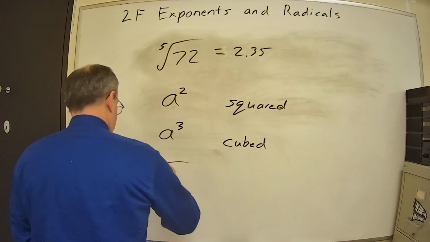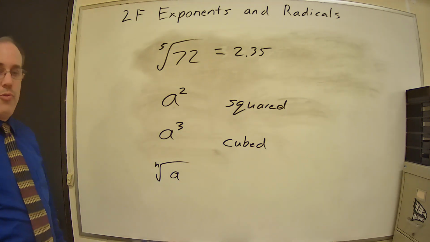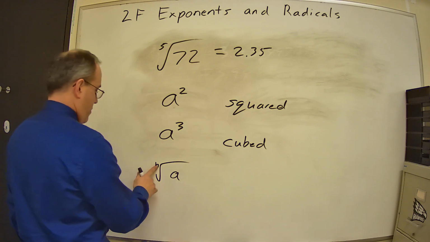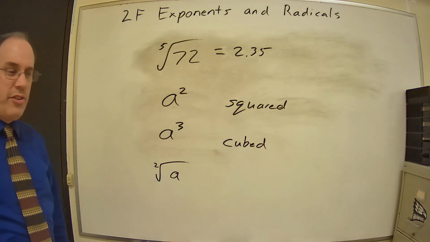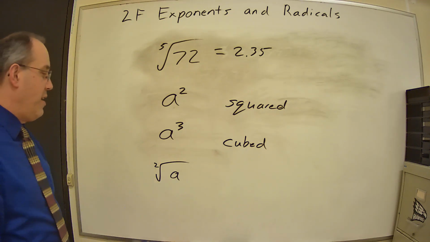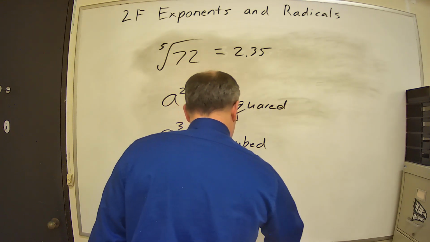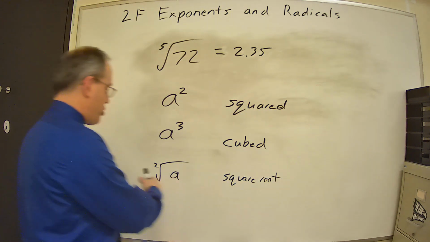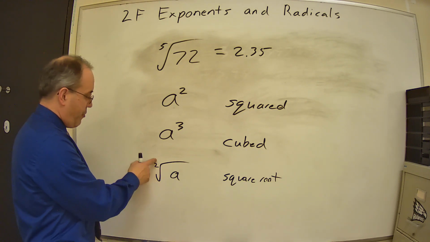If you have the nth root of a number, and we make that the second root of a, we refer to that as the square root. So the square root of a, and like I said, we can get rid of that 2.